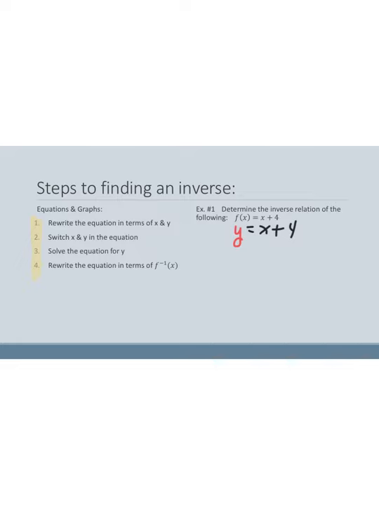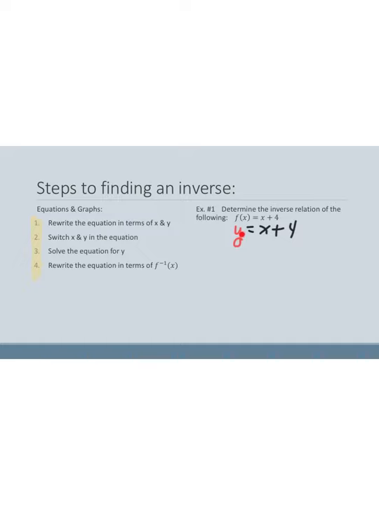Okay, and so then step 2 says switch the x and y in the equation, and you're only switching x and y. If there's a coefficient in front here, so if this had been y equals 2x plus 4, the 2 would stay here, you would just switch the x and the y, and you'd have an x here and a 2y here. And if there's an exponent up there, the exponent doesn't switch, it stays where it's at.